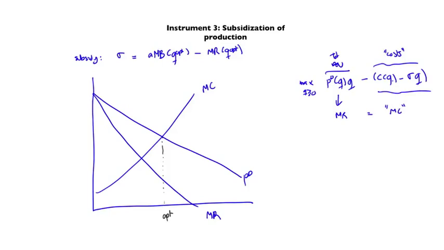Now, what does that do to our graph of the problem we have been looking at? It is as if the marginal cost curve has shifted down by sigma. And if it has shifted down by exactly that amount, the monopolist is going to want to set its quantity given the subsidy equal to the optimal quantity.